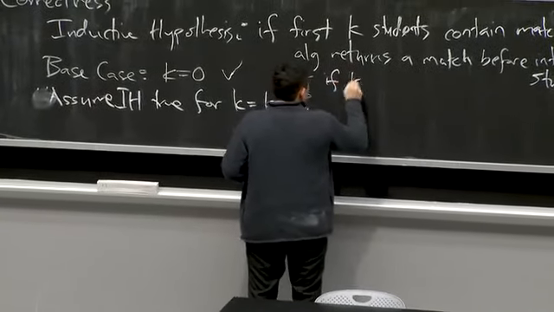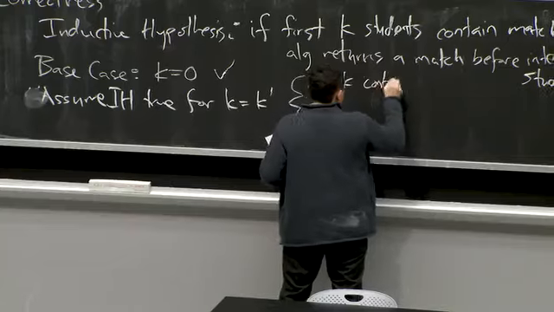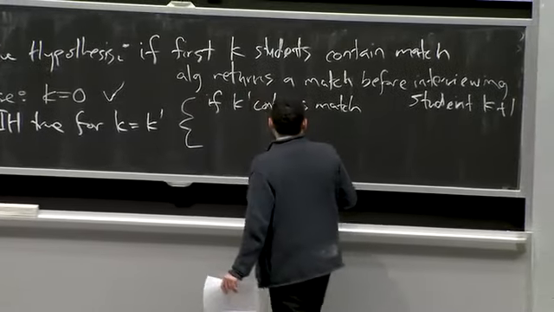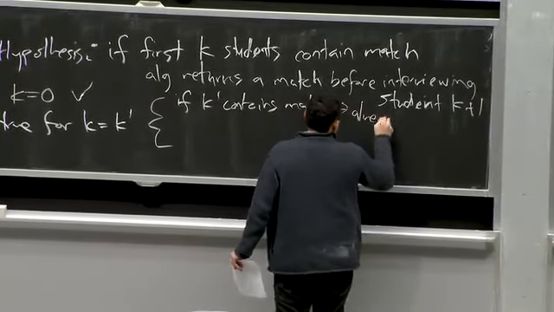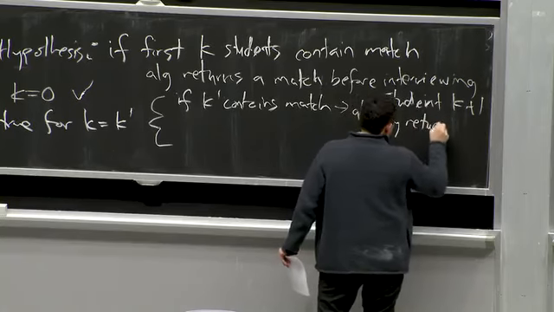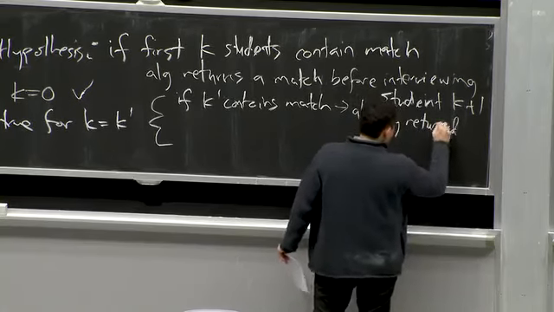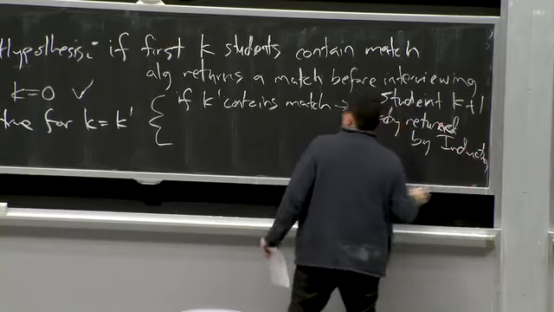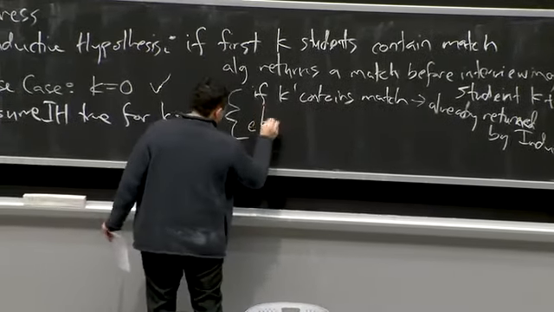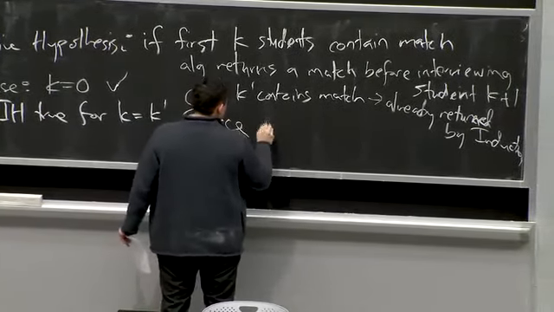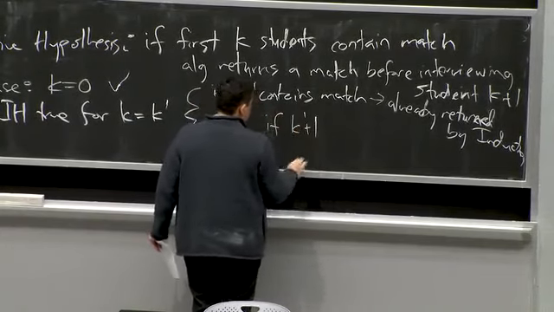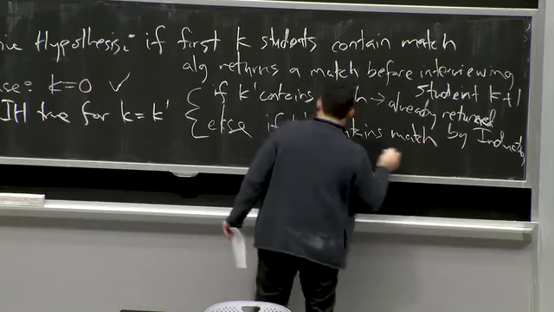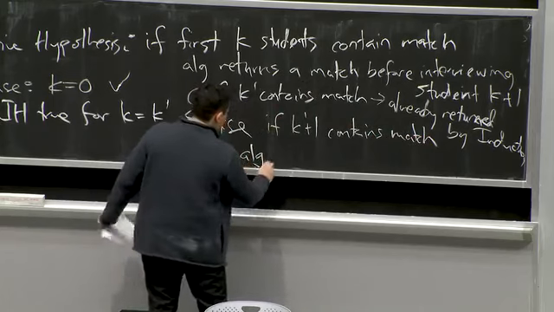If the first k prime contains a match, it was already returned by induction. Else, if the first k prime plus 1 students contain a match, the algorithm checks all of the possibilities.